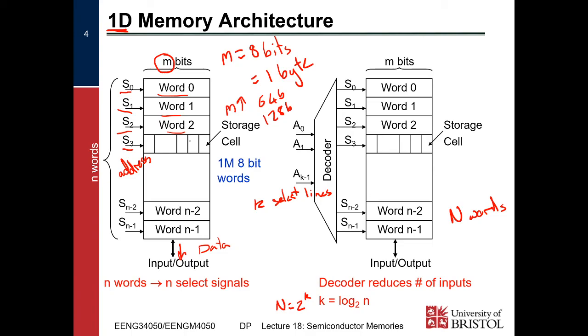So you're going to see more data coming out than on the old processor. But the key point here is that when select line 0 goes high, word 0, and all the bits associated with word 0, all come out on the data line.